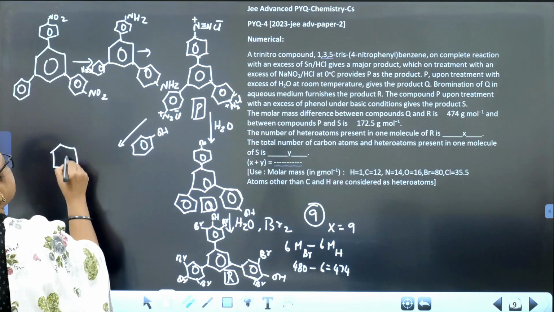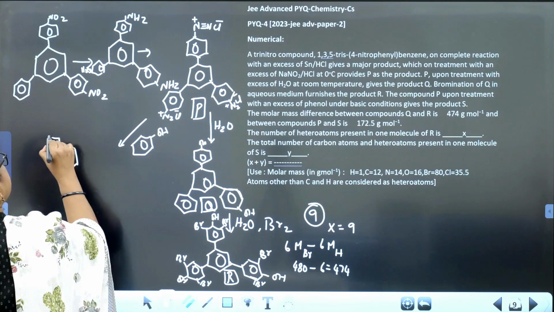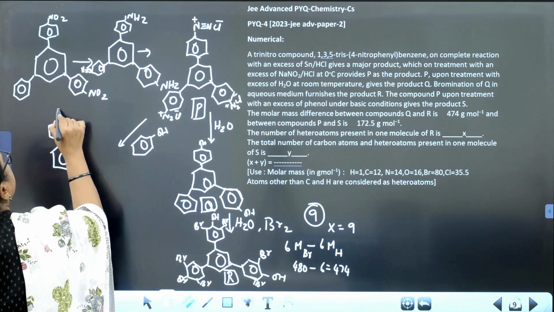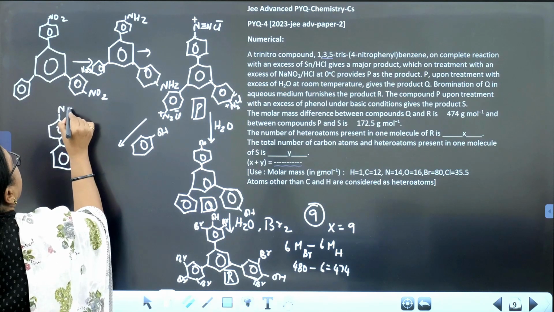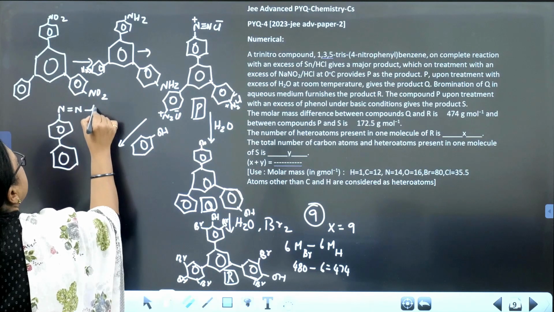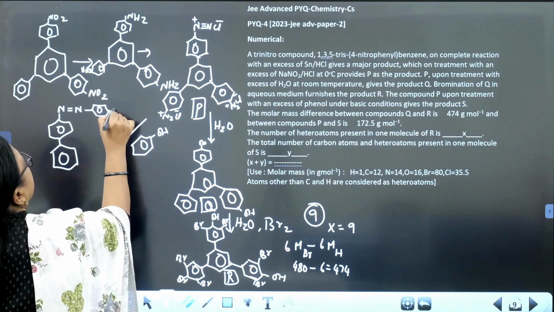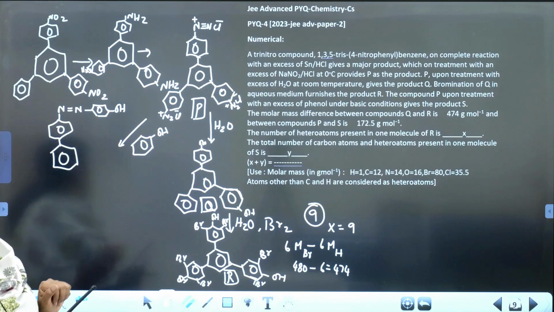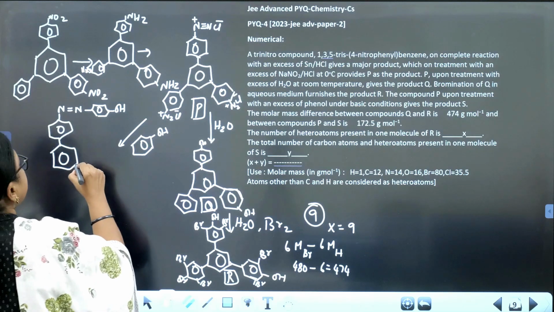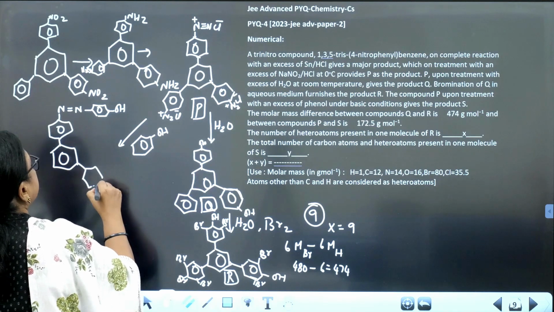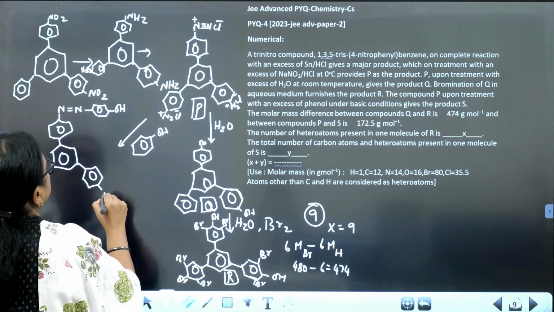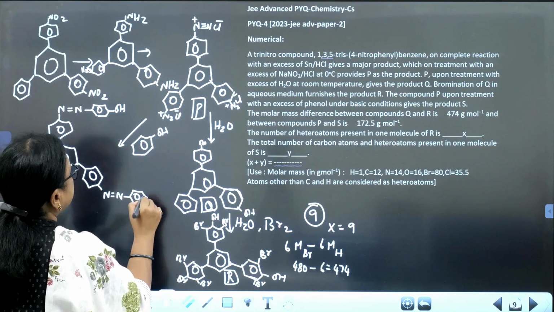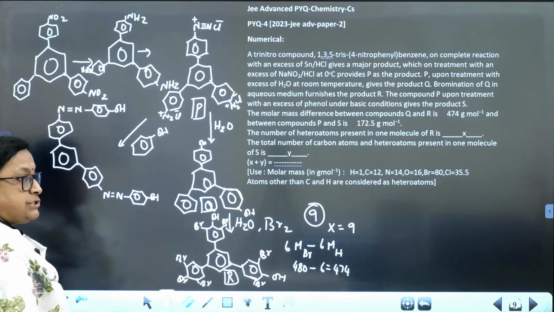The center benzene ring is here, and here you have a benzene ring whose diazonium group will couple with the phenol, giving an azo group here. Diazo coupling reaction. Same thing happens at the third carbon, and you have N double bond N, and a coupling has occurred here at the para position.